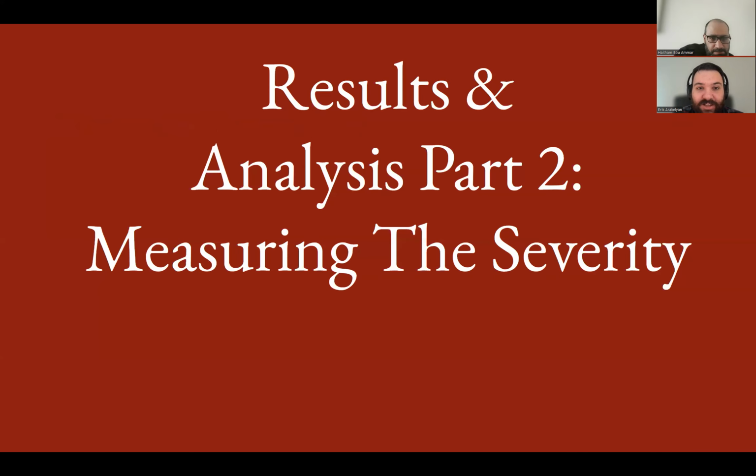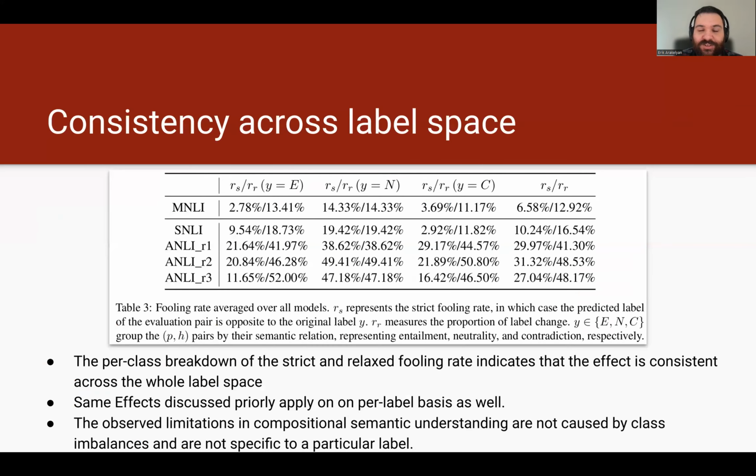And we have the second part of the things where we say, okay, maybe we should check: does the same effect happen across all of the labels? Maybe we just start to fail on entailment, but on everything else we get more or less the same results. We see something not shocking, but confirming our prior assumptions and observations: across all of the classes, the effect stays the same.